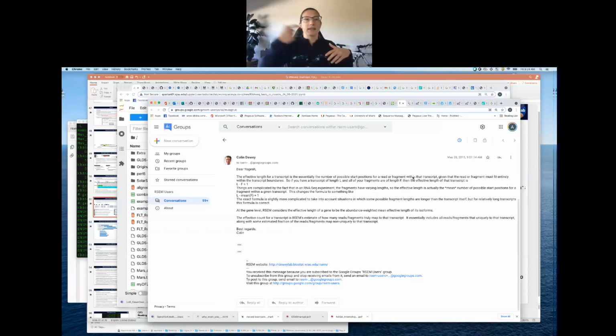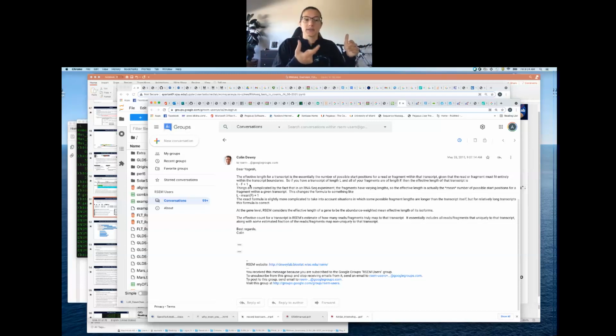Based on how the math works out, this is the calculation they worked out with RSEM to assess how much of each transcript you can actually cover based on the size of your fragment.